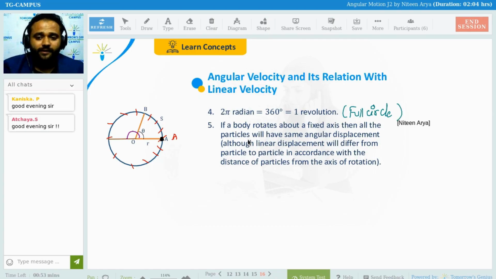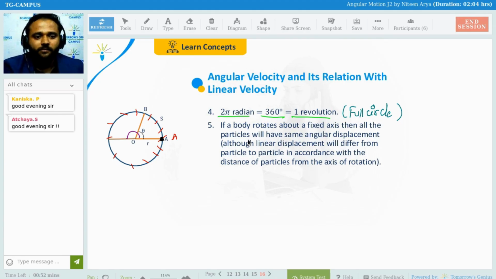These terms you can hear or read in a question. That means the angle is 2 pi in radian terminology, 360 degree in degree terminology, and one revolution in revolution terminology. Got it? Is this clear now?